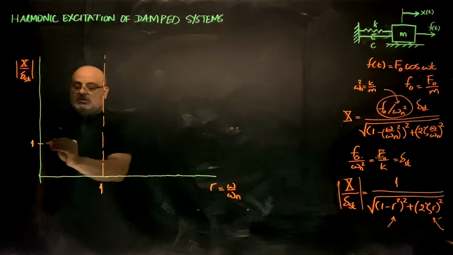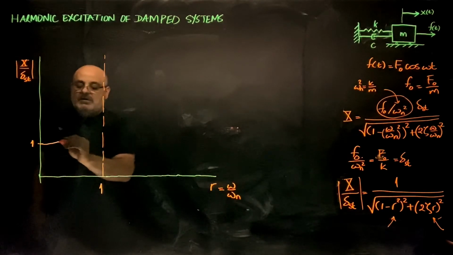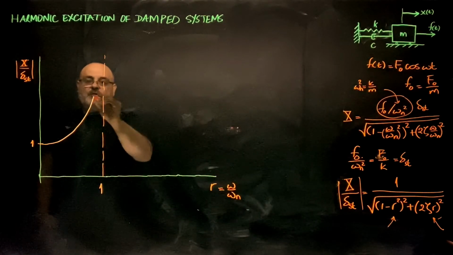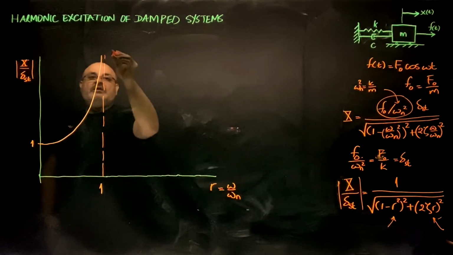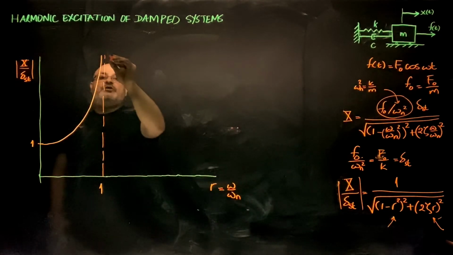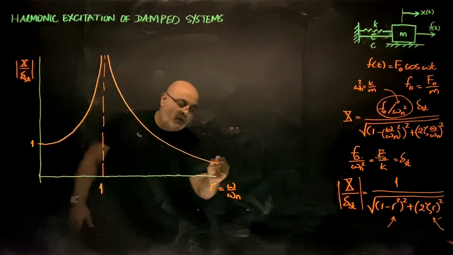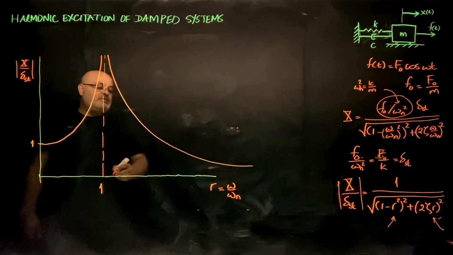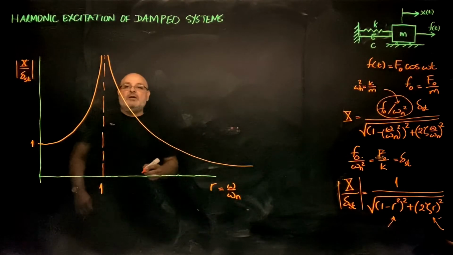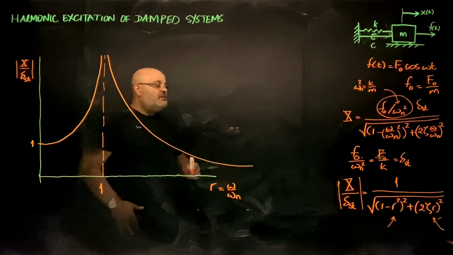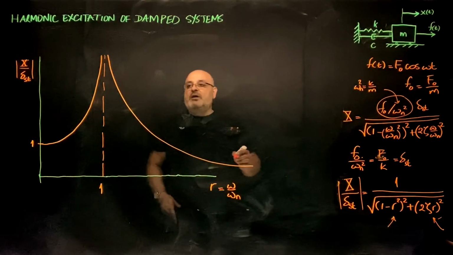So we start with 1, then rise up to infinity, and then drop back to 0 as r increases.